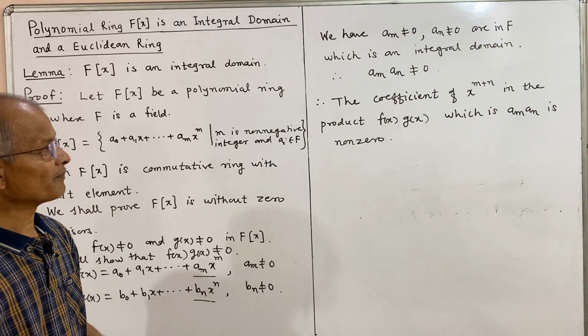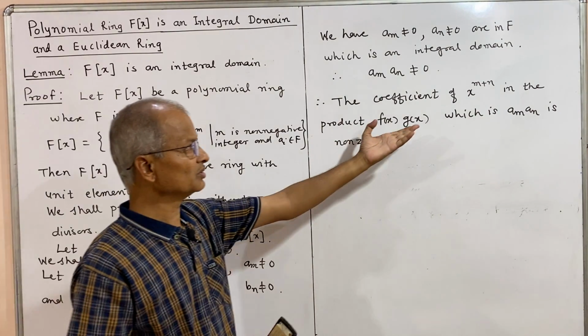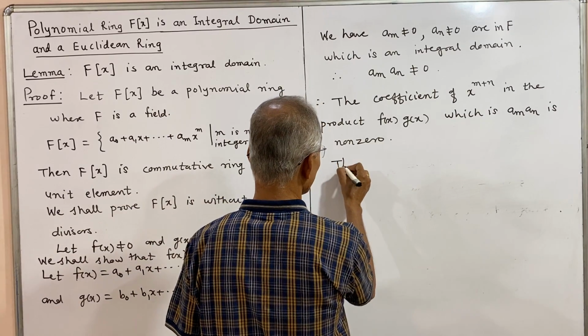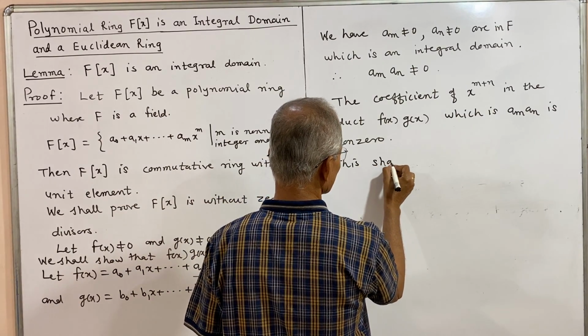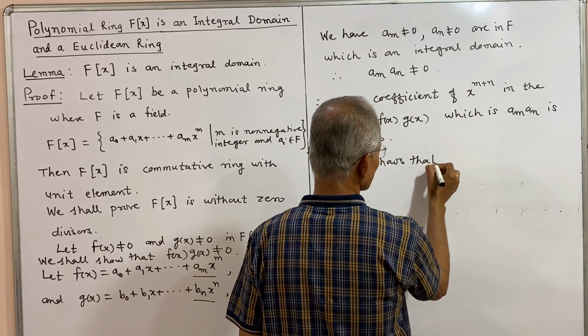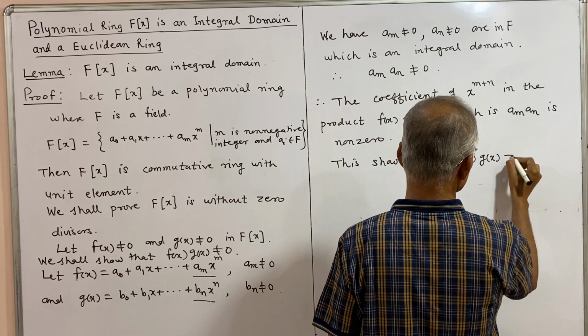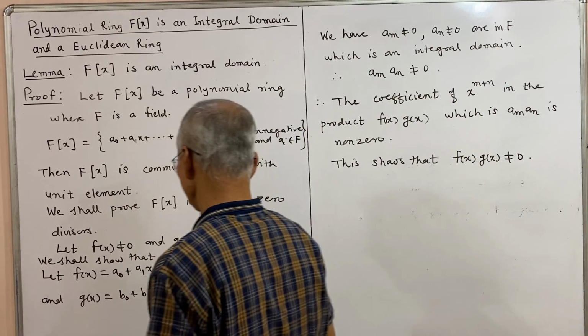This means the product f(x) into g(x) is not equal to 0. This shows that f(x) into g(x) is not equal to 0, and this is what we wanted to prove.